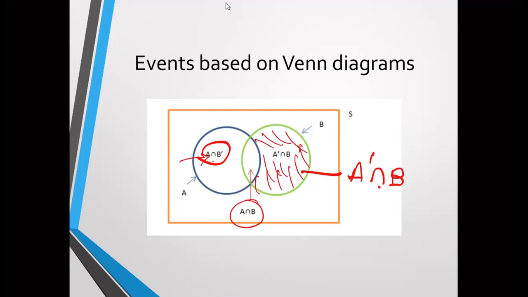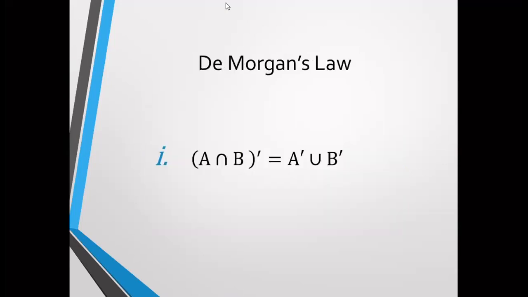Try to identify these regions when you have Venn diagrams also. It's really important in probability. If you have any questions or any problem regarding these regions or these Venn diagrams, please ask me.